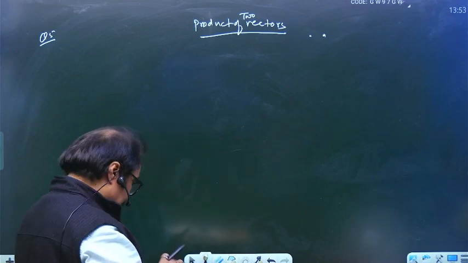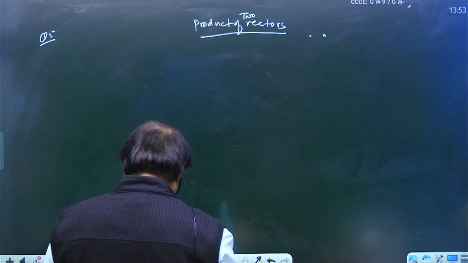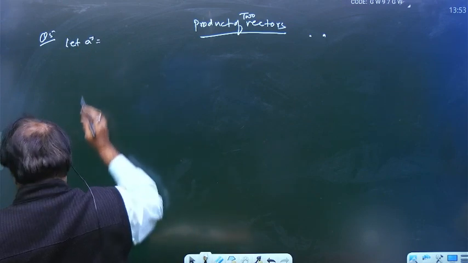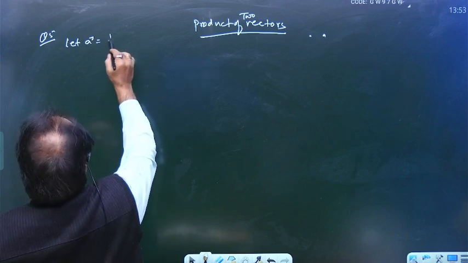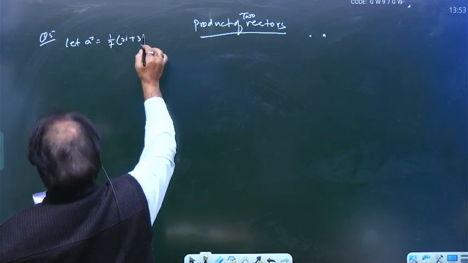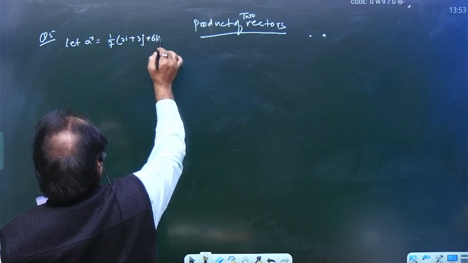And the vectors are: let vector A be equal to 1 by 7 (2i cap plus 3j cap plus 6k cap).